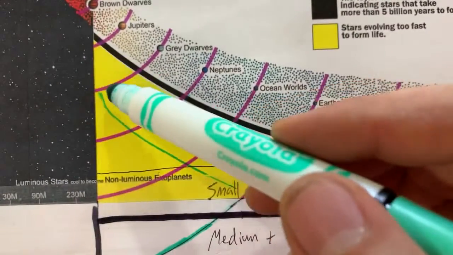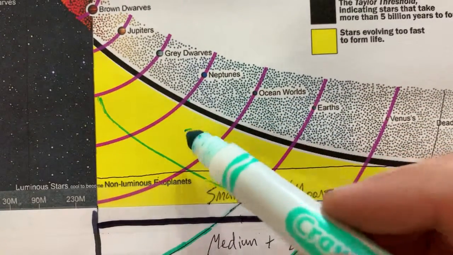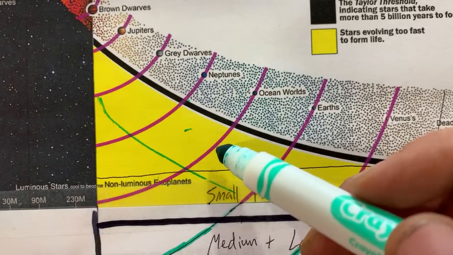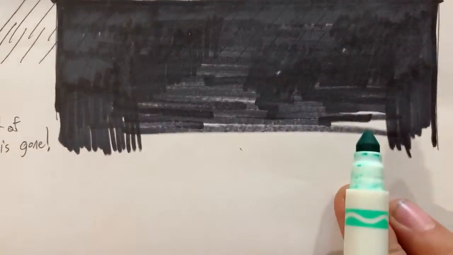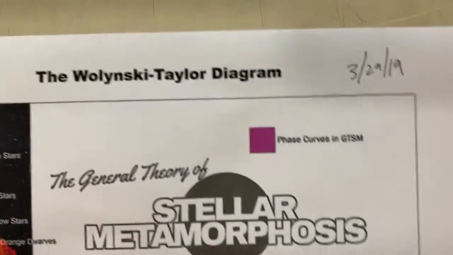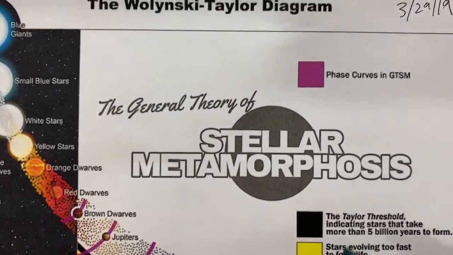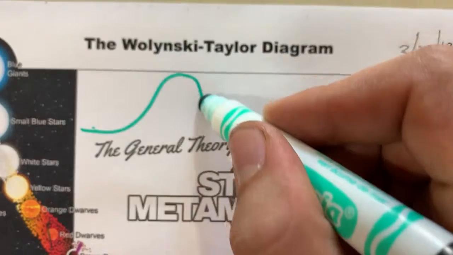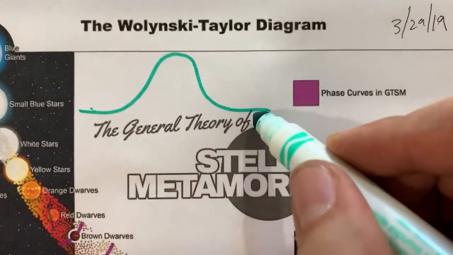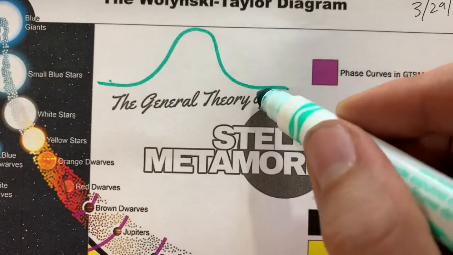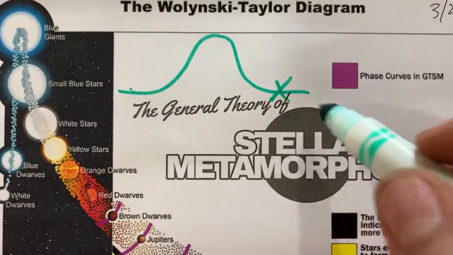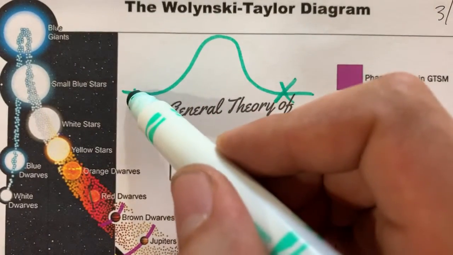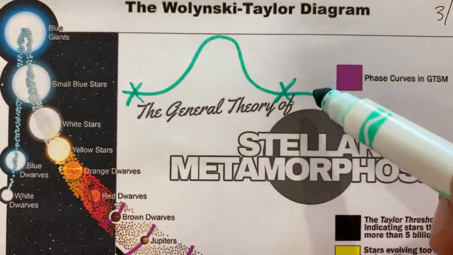But they can go really fast. So I guess you could say, statistically, if you were to put this on some type of bell curve, the stars that evolve really, really slowly are over here, and the stars that evolve really, really quickly are over here.